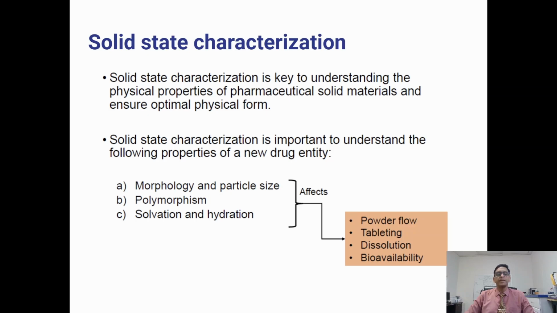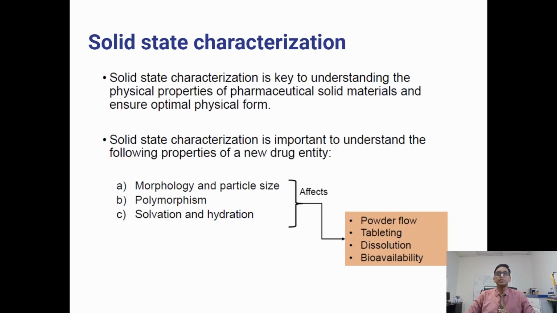physical forms. As I said, solid state characterization is important to understand the flow properties of a new drug entity or new chemical entity. Mostly, it involves the morphology of the solid substance, the particle size, polymorphism, solvation, and hydration. These are the parameters which influence the physical properties and ultimately the dosage forms.